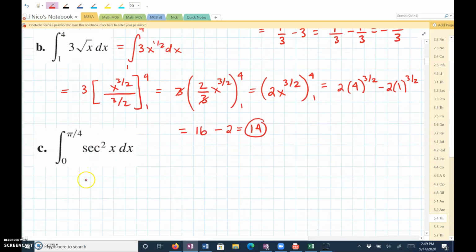Look at C. Okay, so to integrate this, I would start off by thinking about all of the derivatives of trig functions.